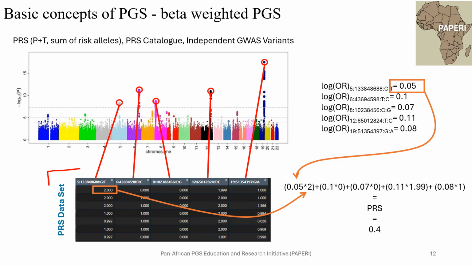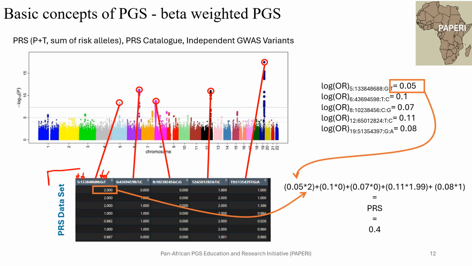And this data is frequently held in a format which we call dosage, where, as I mentioned earlier, we have our chromosome number, then the position within the chromosome, then an alternate allele, and then a reference allele. So here the alternate is G and the reference is T.